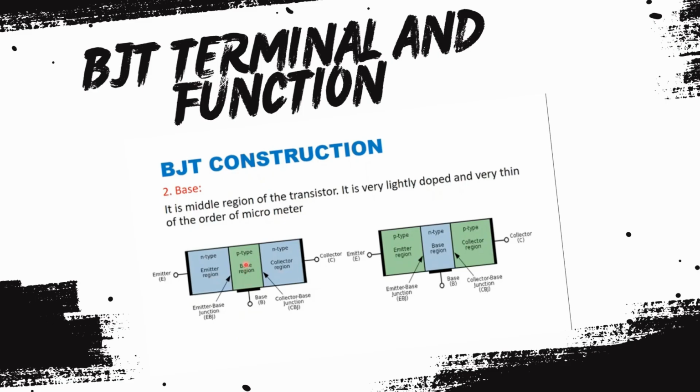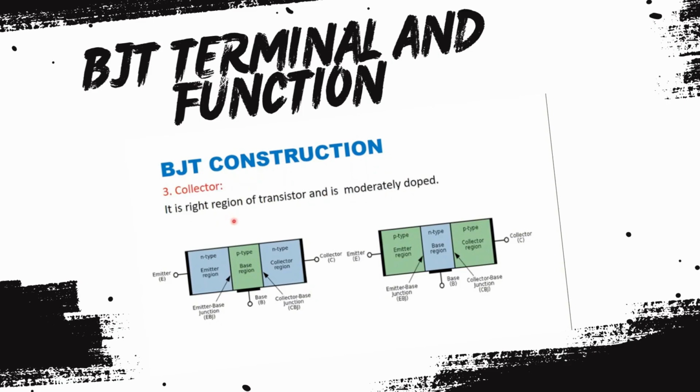So that whenever the charge carriers come from emitter region towards base region, only a small amount of charge carriers can recombine here, and the rest of the charge carriers are collected by the collector. So it supplies most of the charge carriers to the collector. Therefore it is a lightly doped region.